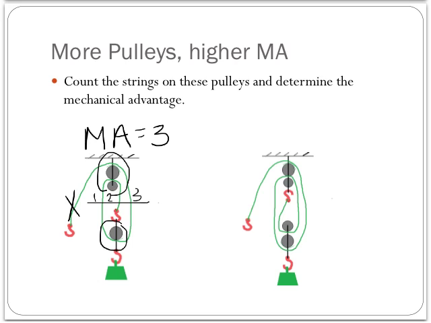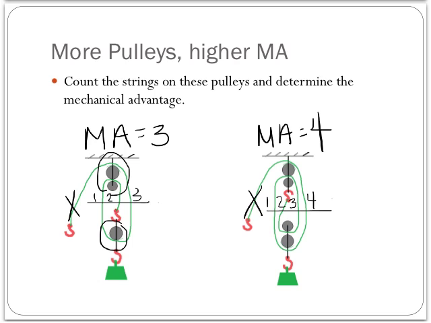Now next, go on to this other one. Remember, you don't count the one that's being pulled down. So draw a line through the middle of the pulley system, then count your strings. 1, 2, 3, 4. Mechanical advantage for this pulley is 4. If you were doing your lab correctly, these are values you should have gotten for the pulleys that you did.